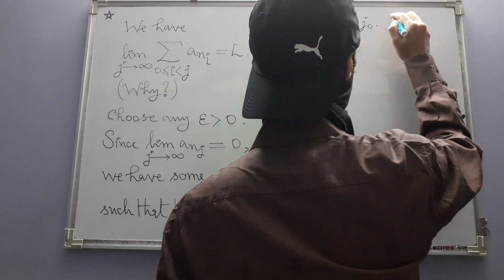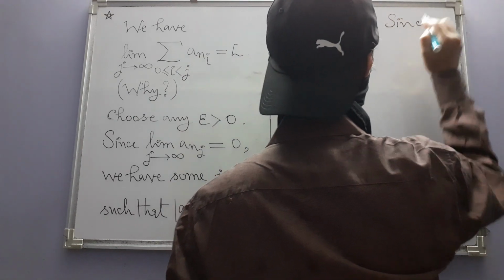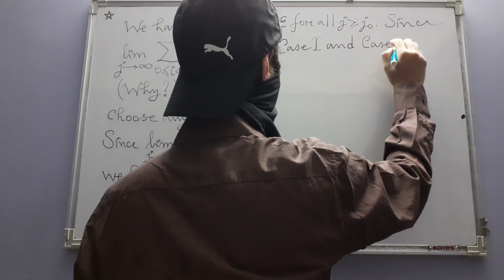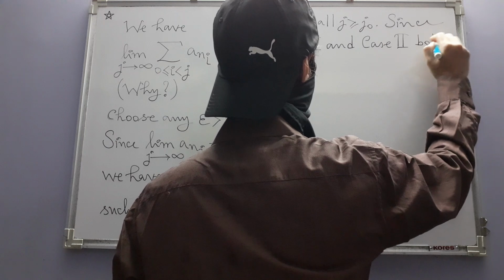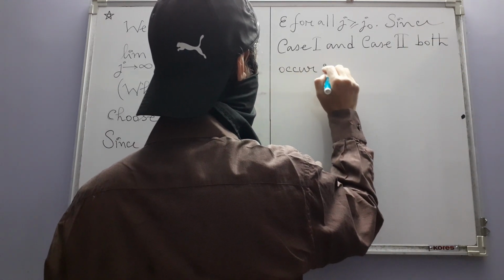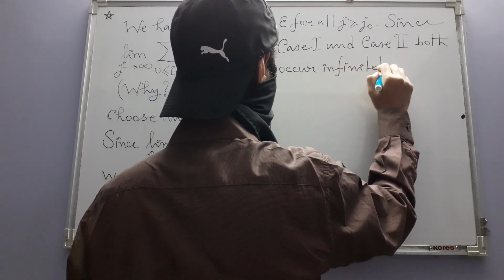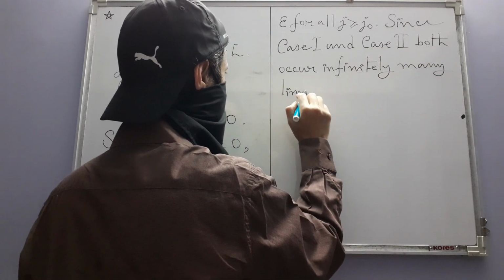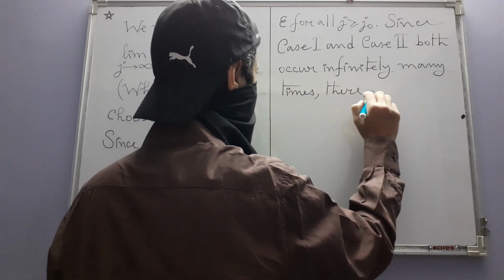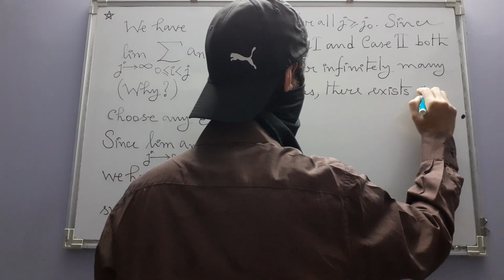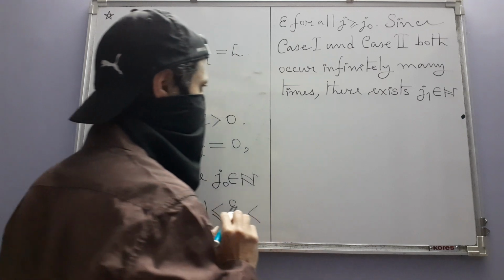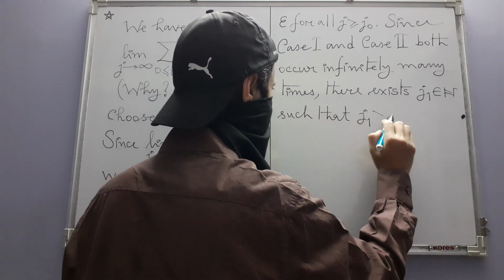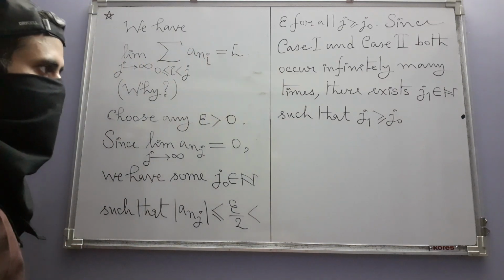So accordingly we are going to now write, since case 1 and case 2 both occur infinitely many times, there exists a natural number j1 such that j1 is greater than or equal to j naught.